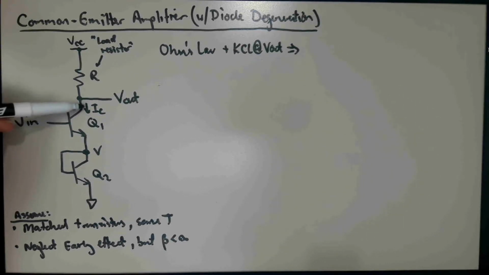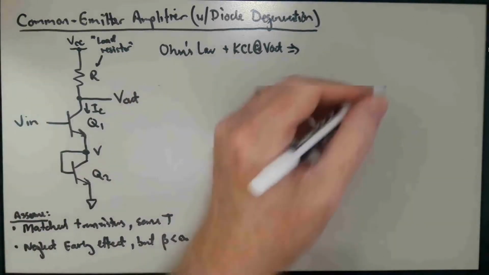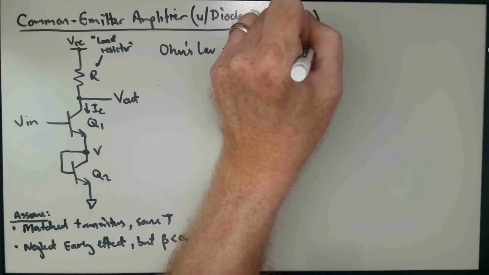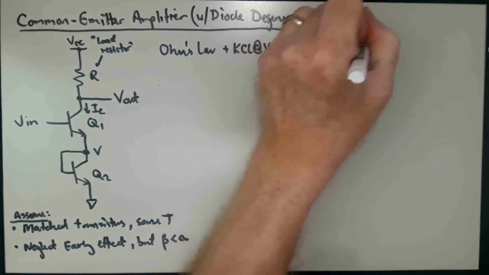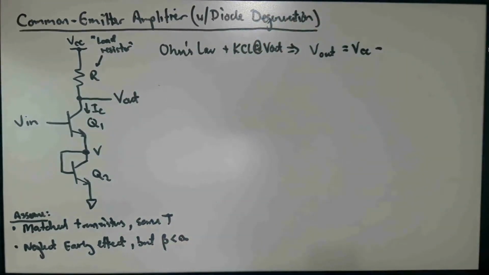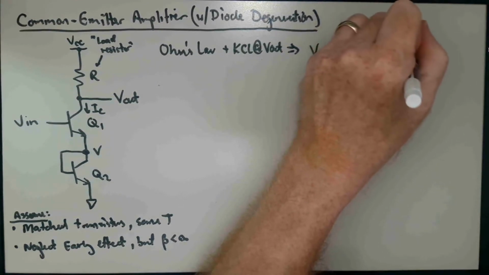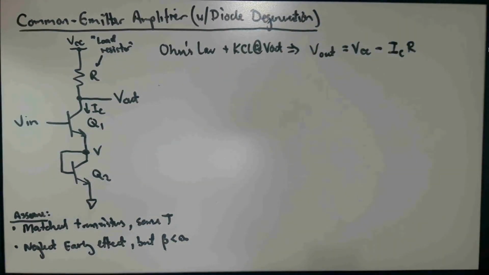That current has to flow through that resistor, and because a resistor is a linear device, it will linearly turn the current into a voltage. Okay? So that tells us that V out is going to be VCC minus IC times R. So if we know what IC is and how that relates to V in, then we can figure out directly from this equation what V out is as a function of V in. Okay, so that's one piece of the puzzle.